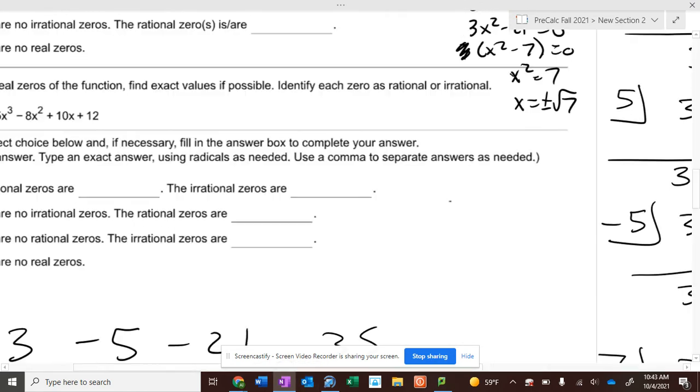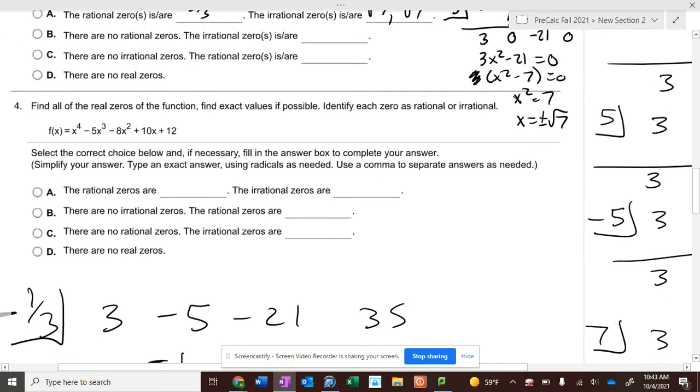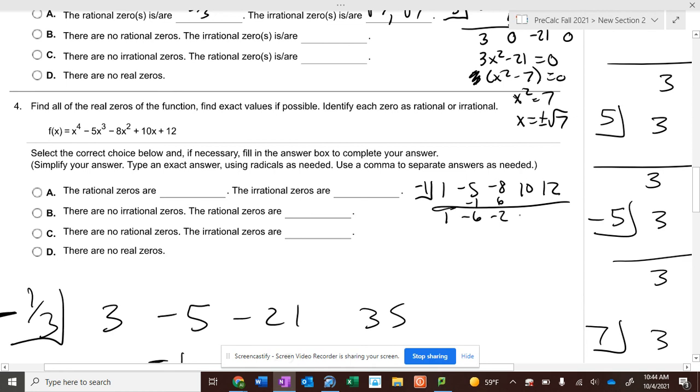So if we do the synthetic division on this, -1 I know is an answer, and I go 1, -5, -8, 10, and 12. If I do this quick, 1, -1, -6, 6, -2, 2, 12, -12, 0.